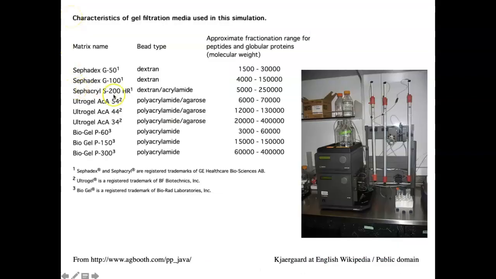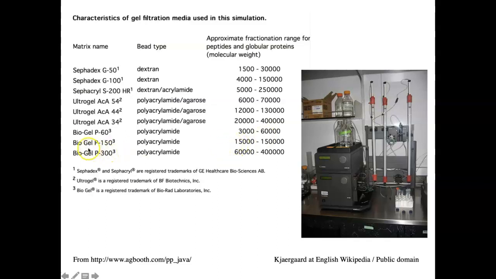All right, so the media or the material can be different. So dextran, acrylamide, or agarose, or some mixture of them. And different columns will have different optimal size that they can separate. Usually you just kind of try to adjust for what you want to separate. So for example, this Biogel P60 separates from 3,000 to 60,000 daltons, so 3 to 60 kilodaltons.